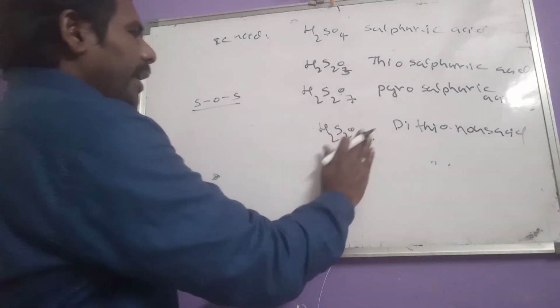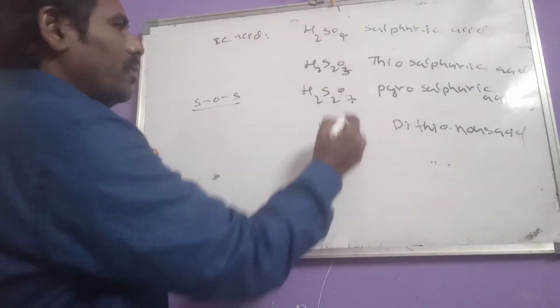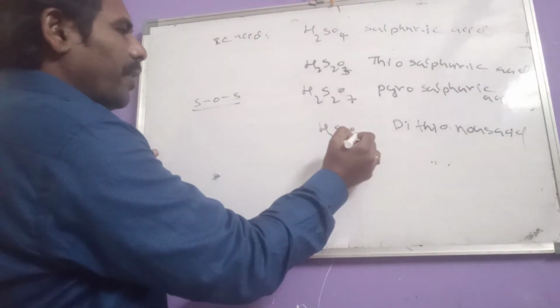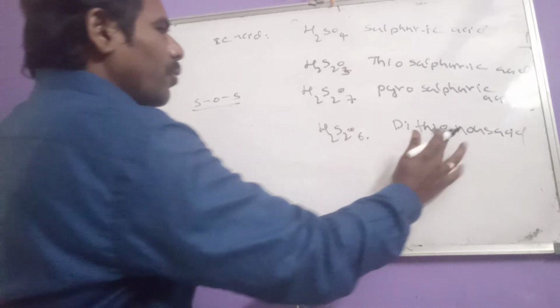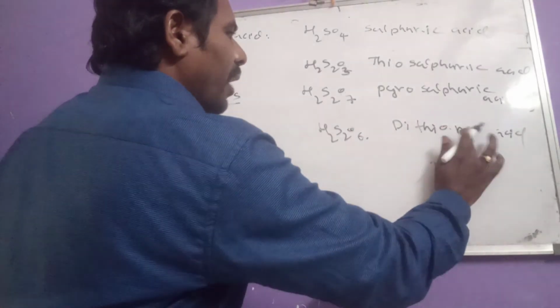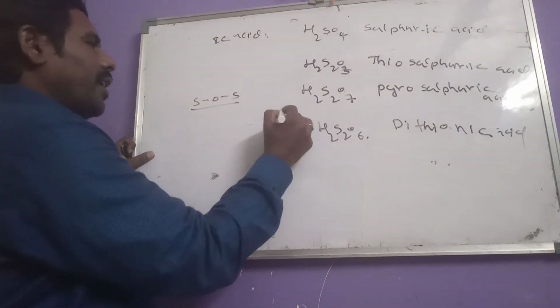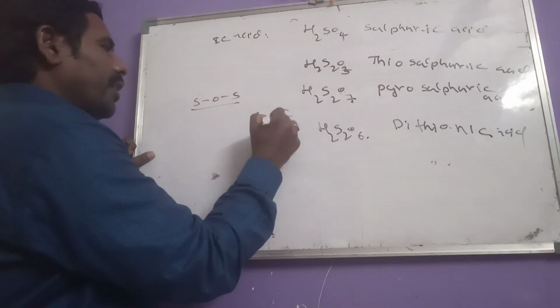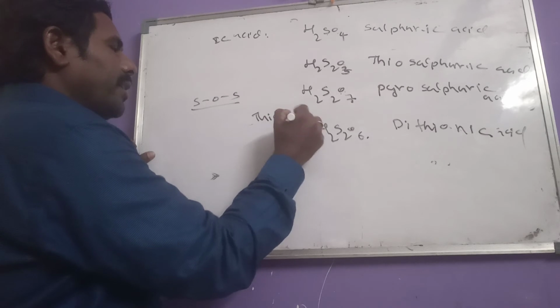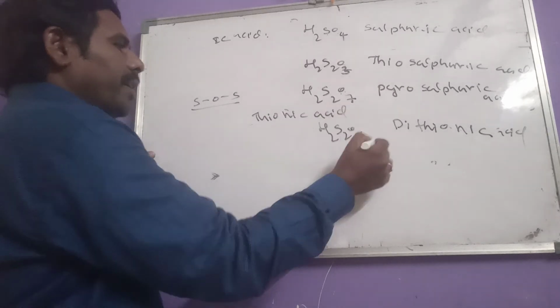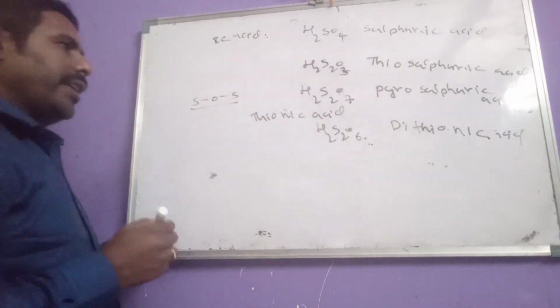Now again here what we have to do? Decrease one oxygen from this. We can get H2S2O6. This is known as dithionic acid. So this acid comes under the thionic acid series.